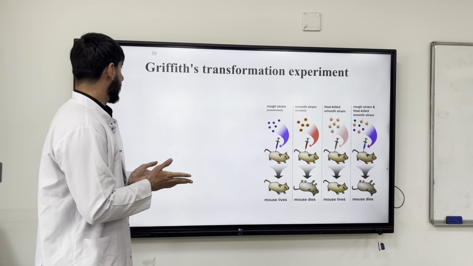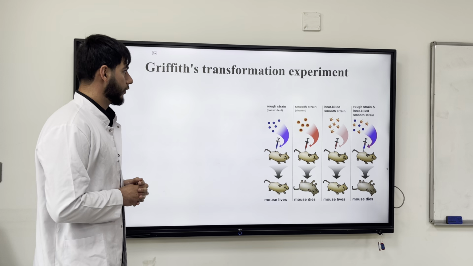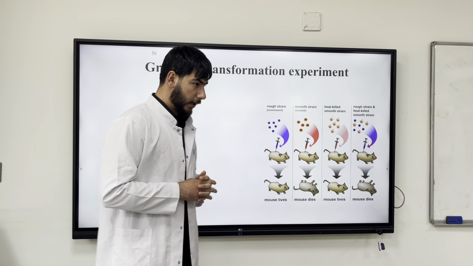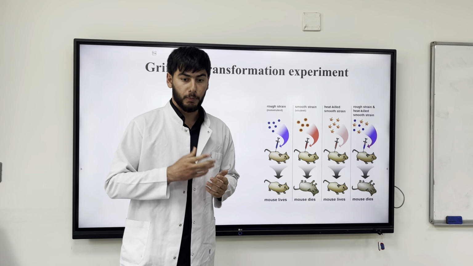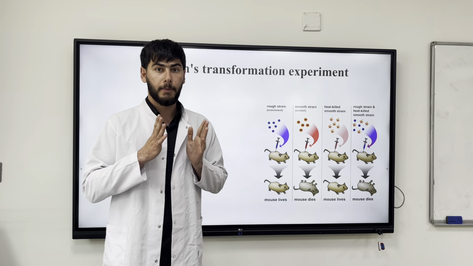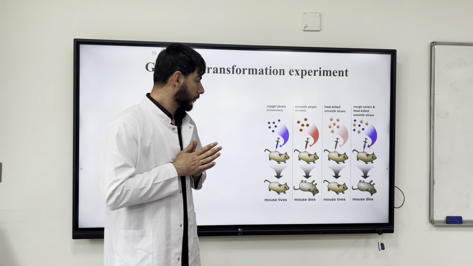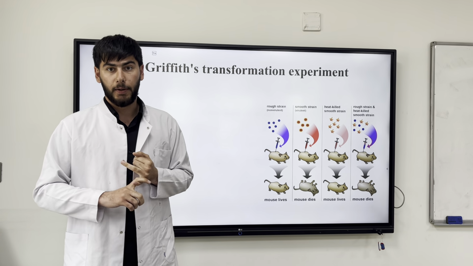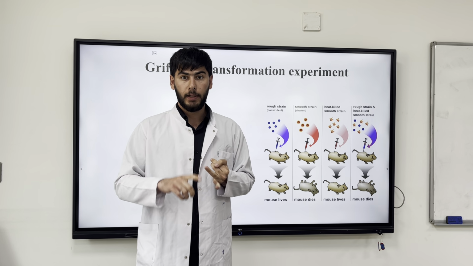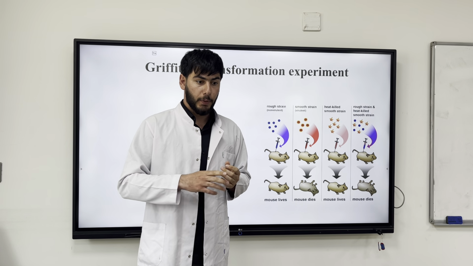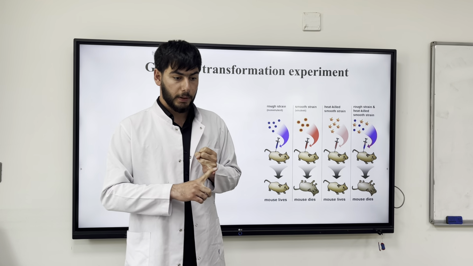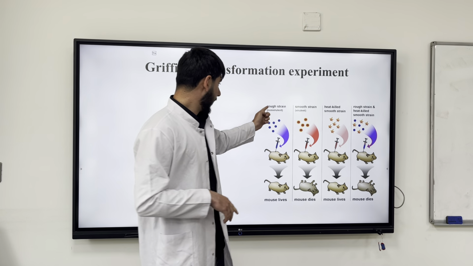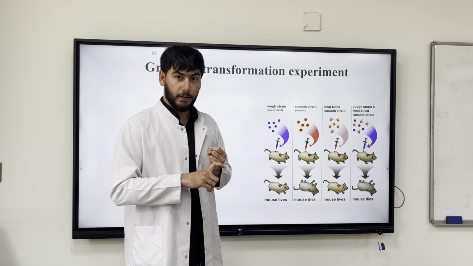Now, let's discuss the Griffith transformation experiment. In the Griffith experiment, we use bacteria named pneumonia. We have two types of this bacteria: the smooth pneumonia and the rough pneumonia. We call the smooth pneumonia S strain.